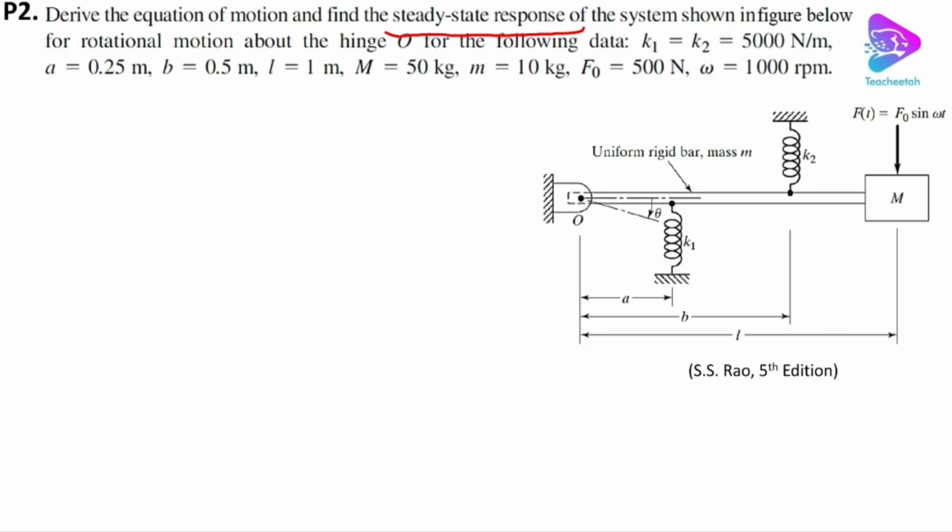So we are going to find the equation of motion and the steady state response of the system, and all these values are given. Why do we need to find the equation of motion? First, because the system is not a simple mass spring case, and we need to simplify it. We need to find the equivalent stiffness, equivalent mass, and then use the solution for the steady state response.